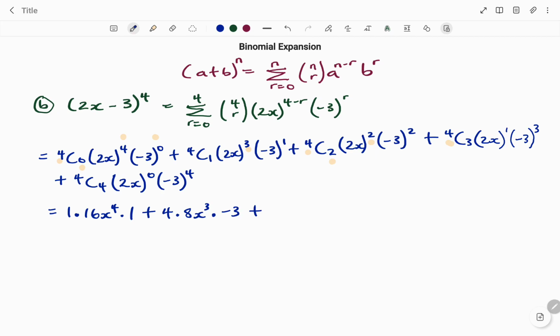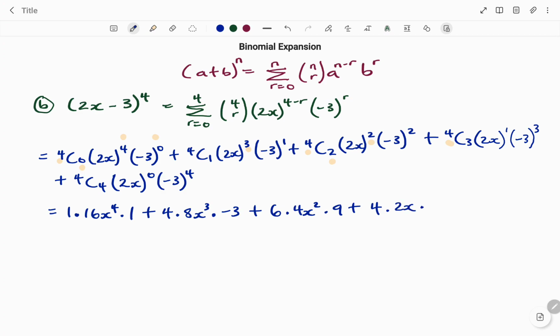plus I have 4 combination 2, that's 6 times 2x to the power of 2, 4x squared, times negative 3 to the power of 2 will give me positive 9, plus I have 4 combination 3, that's 4, times 2x to the power of 1, that's 2x.